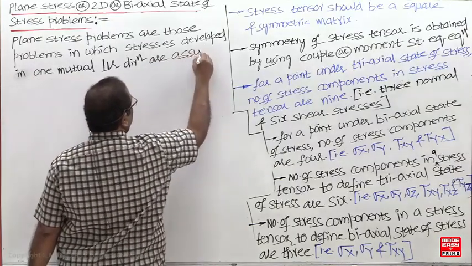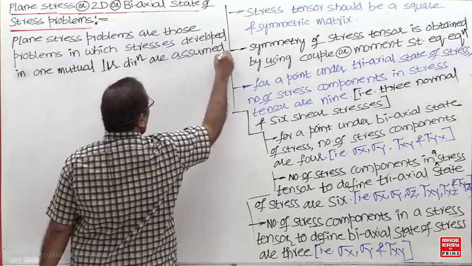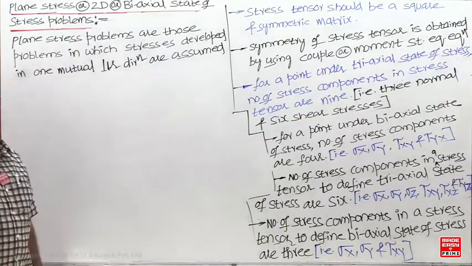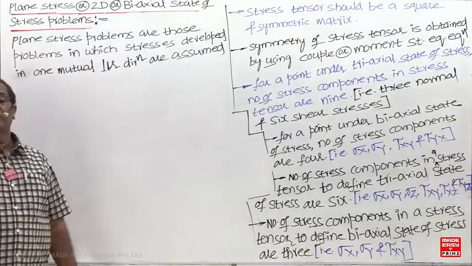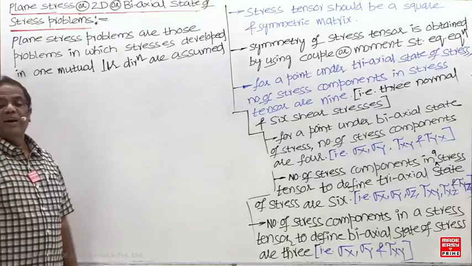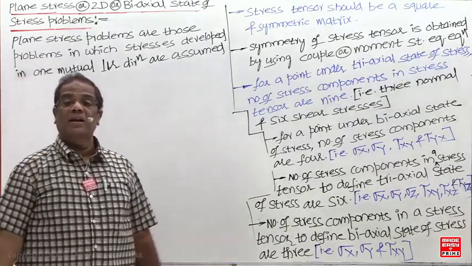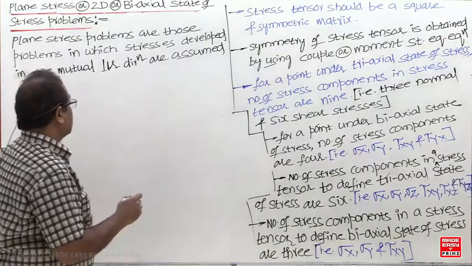Assumed as zero, what is the meaning? Zero or non-zero? Assumed as zero means they are non-zero but we are assuming them as zero. Why are you assuming zero? Because they are very small. Whenever you are neglecting, it means they are very small in comparison to the others. So assumed as zero.